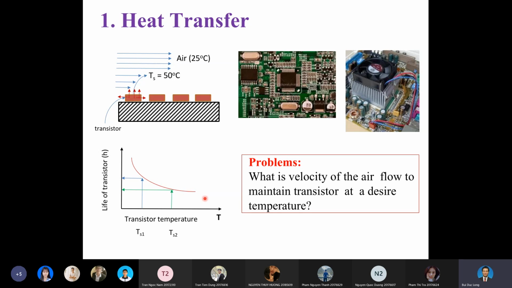So the problem here is what velocity of airflow is needed to maintain a transistor at the desired temperature. We need to apply a fan to make forced convection, if natural convection is not enough to cool down a transistor.